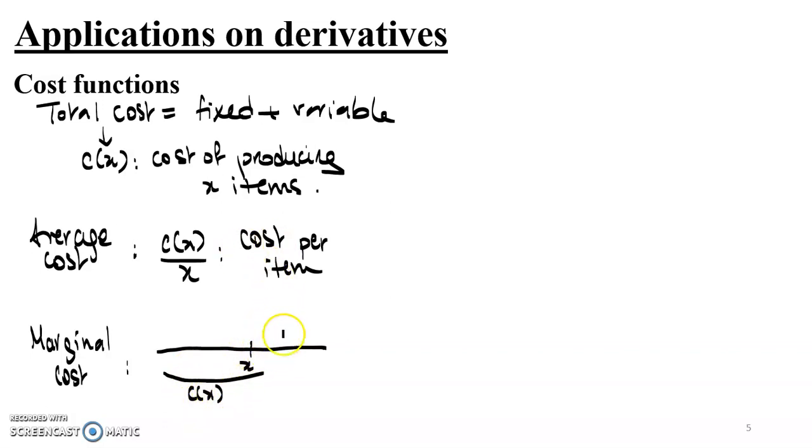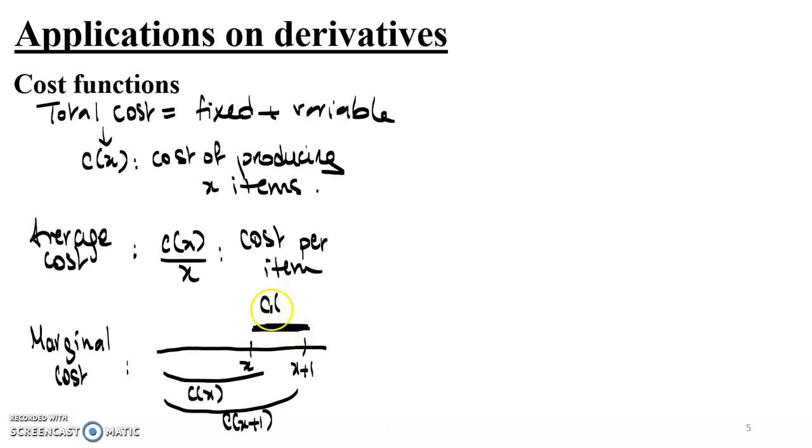So how much would I really pay if I were to produce an extra unit? So over here, if I consider this to be the cost of producing x plus 1 units, the marginal cost is in fact this difference.